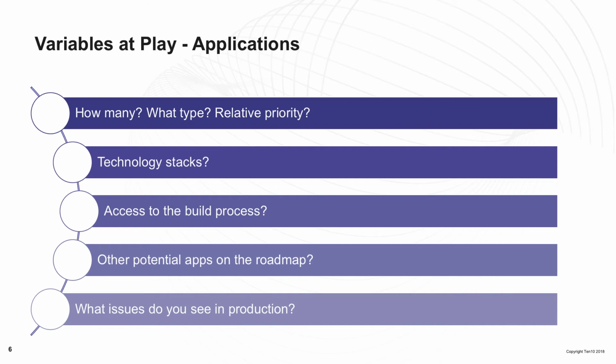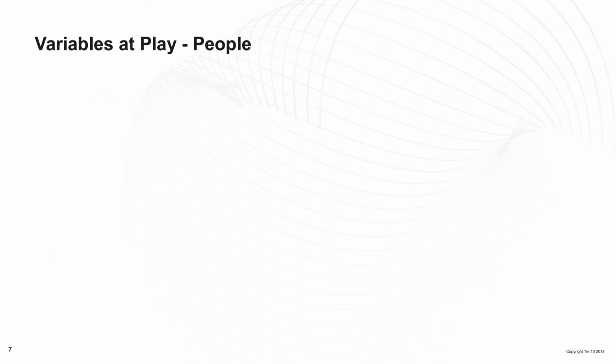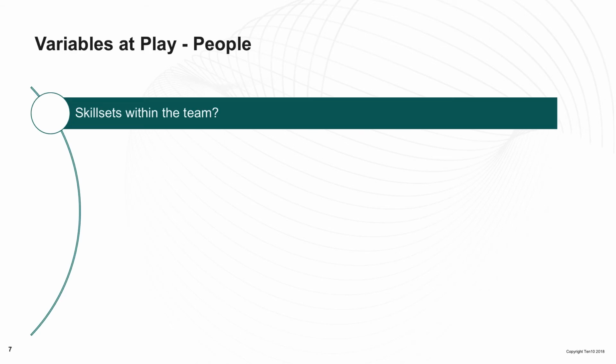If we then move on to the next key point here, which is thinking about the people that we have to work with. Firstly, you want to think about the skill sets that exist within the test team. Ultimately, the people that are going to be running with this when it's up and running, and when tests need to be maintained, and when new tests need to be created.